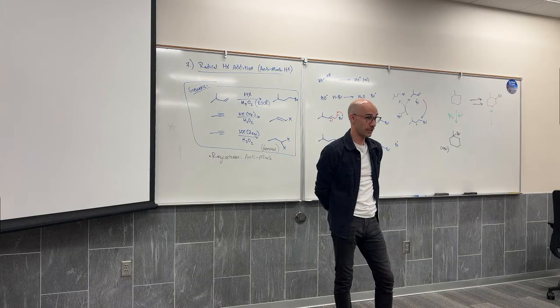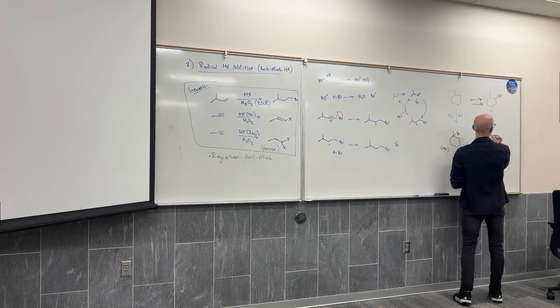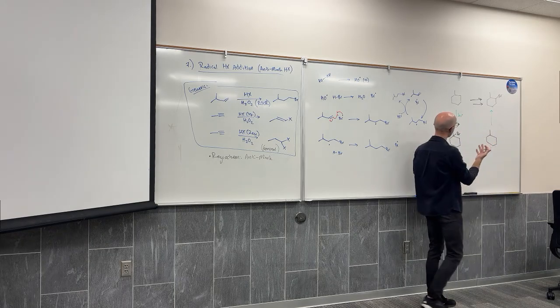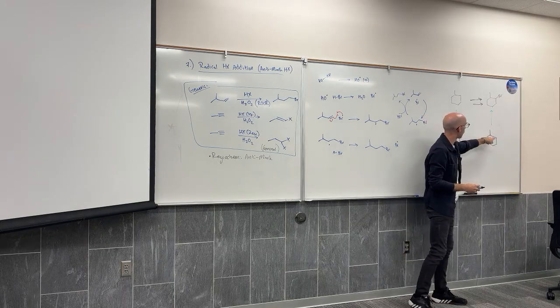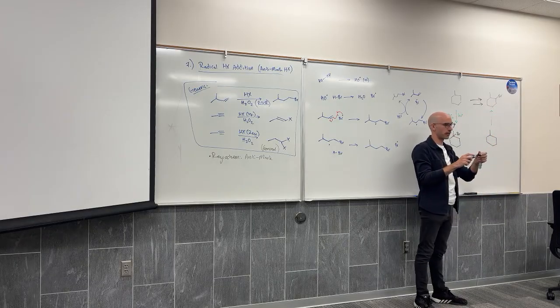You guys have done questions like this before, especially with the HX addition reactions. So I could have an alkene that is down here. And where would that position of the double bond need to be? What alkene could I use to get up to this product?